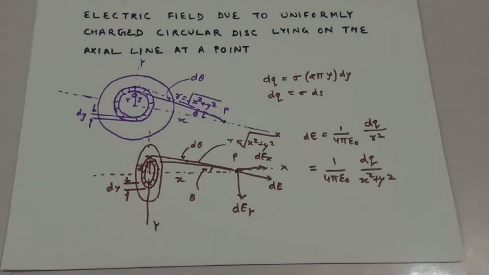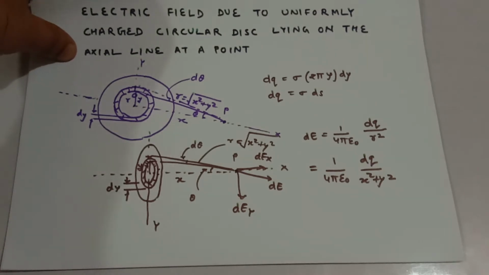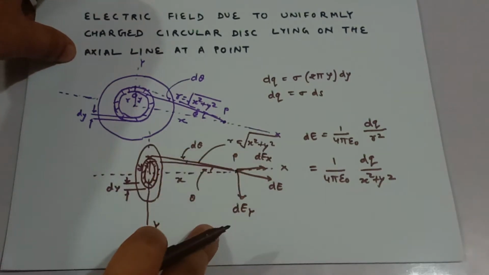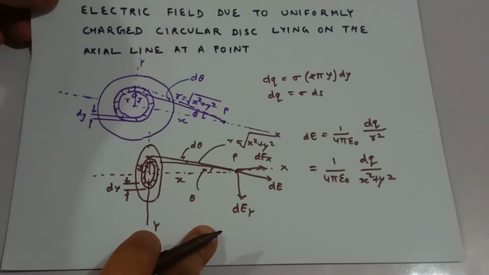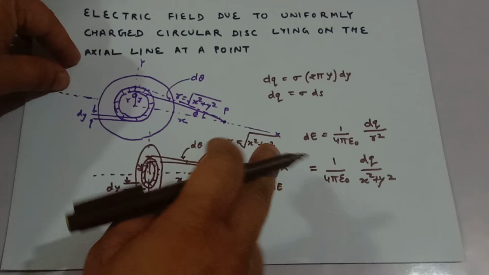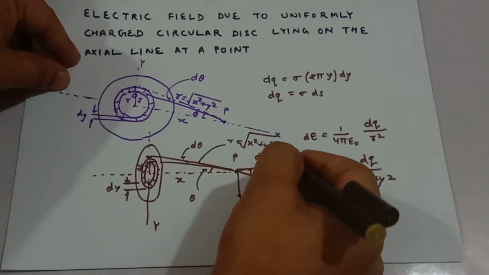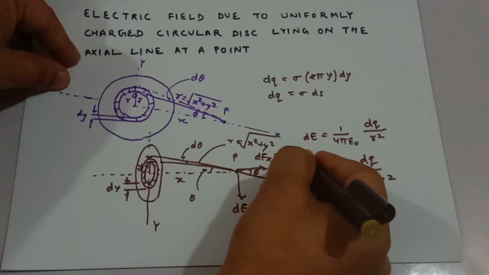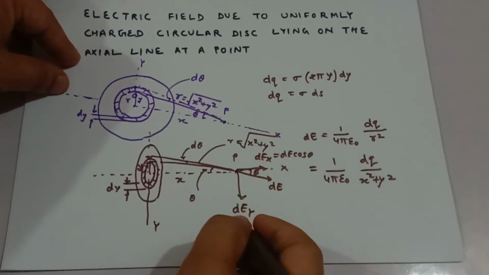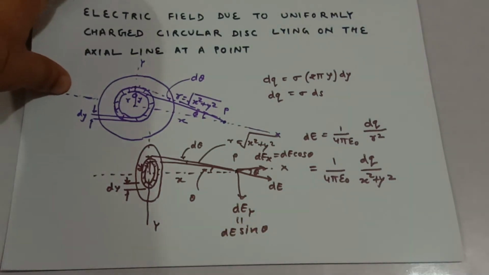So now you need to calculate what is the electric field along the x-axis and along the y-axis. Along the x-axis we know that the electric field is dE. If suppose this is the angle theta, so that would become dE into cos theta. And likewise the electric field along the y-axis should be dE into sin theta, and that we will calculate separately.